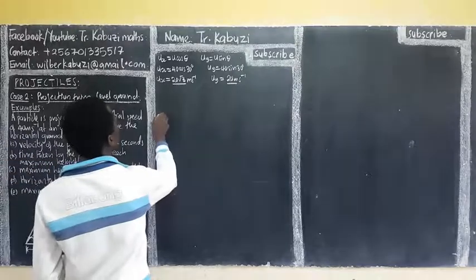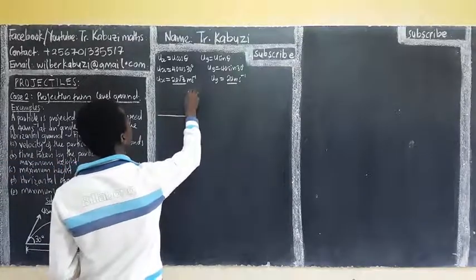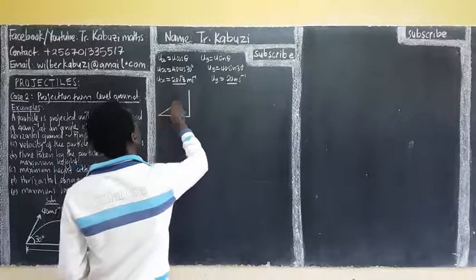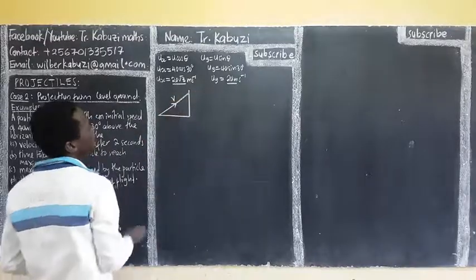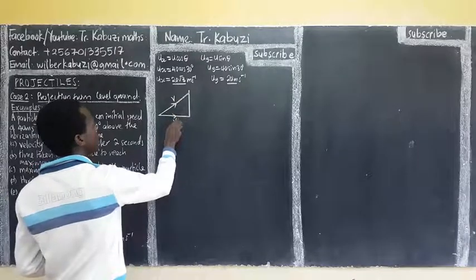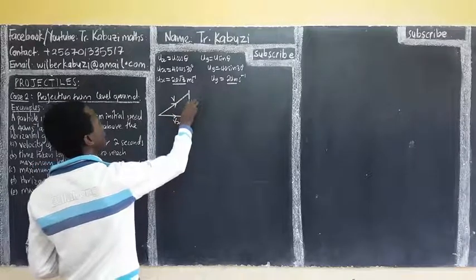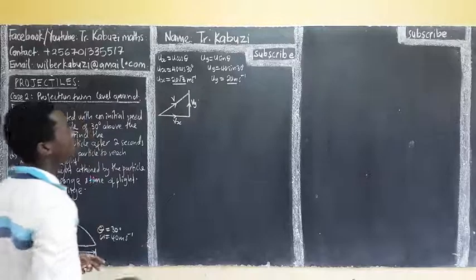After 2 seconds means that now we have moved, so we have a velocity which we resolve into the x and the y component.